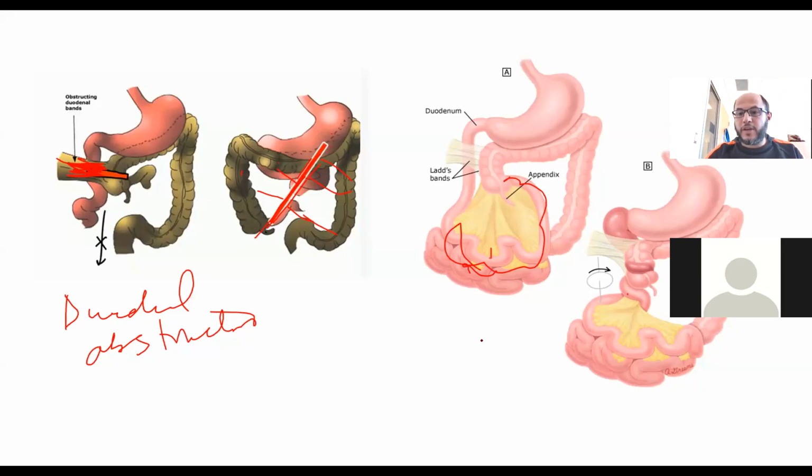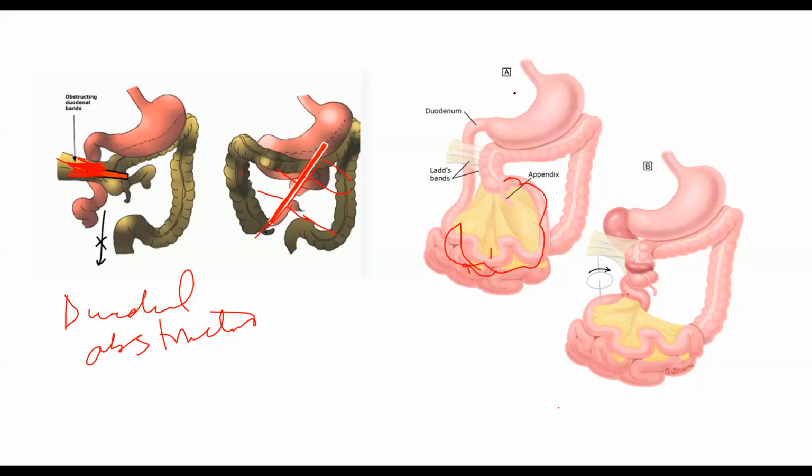Volvulus is a true emergency. So when your baby has volvulus, it's really a true emergency, okay? So that's very good. Again, when you have malrotation, number one, the risk of obstruction of the duodenum. Number two, which is the more acute emergency, volvulus.